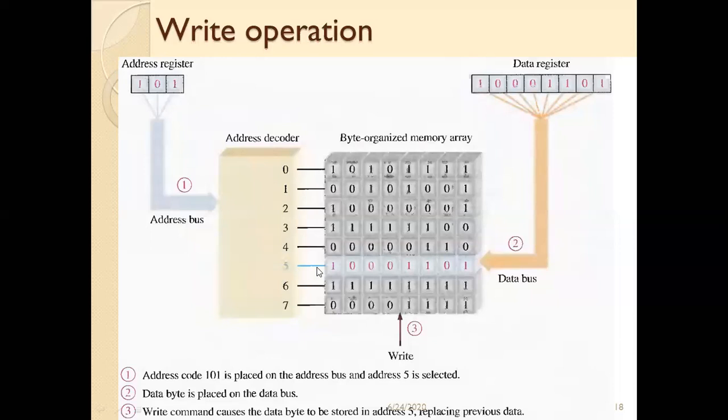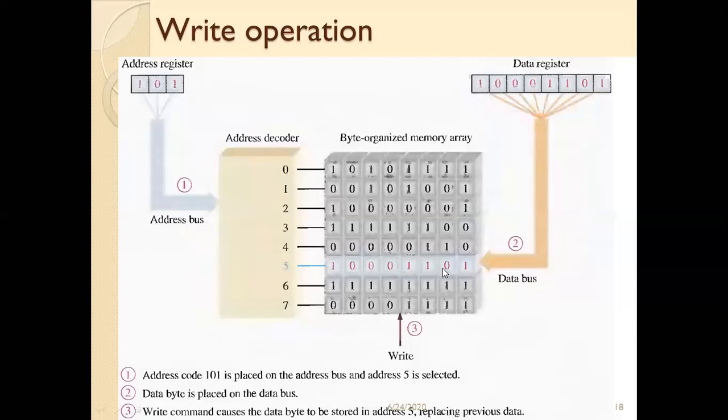Now this is your address. So what is your data? Your data is 100011101. If I run the write cycle, a copy of this data will come and be pasted on this location.